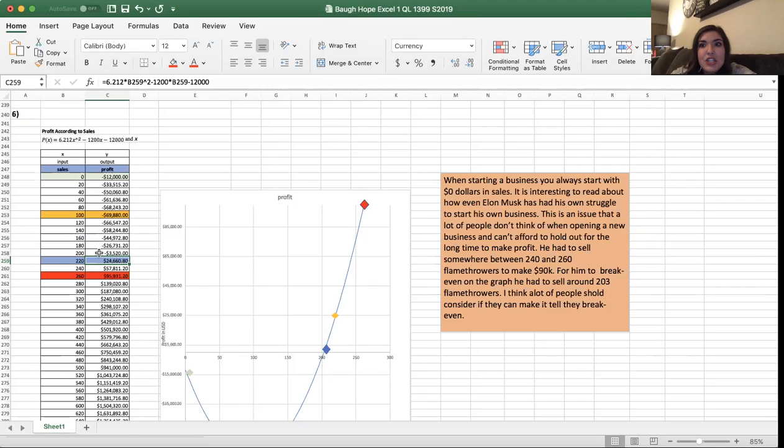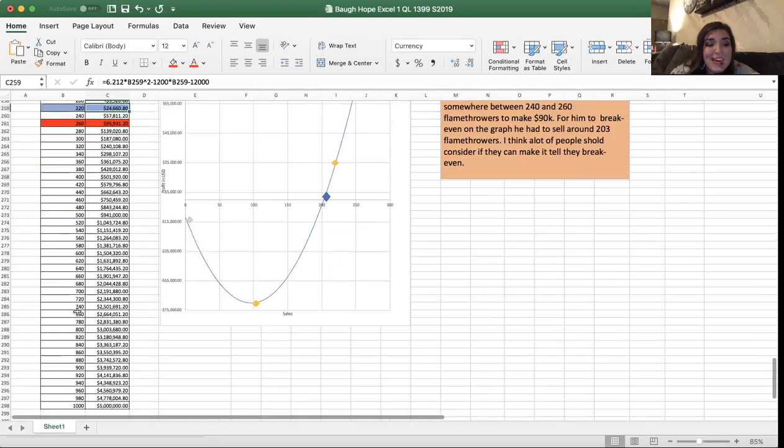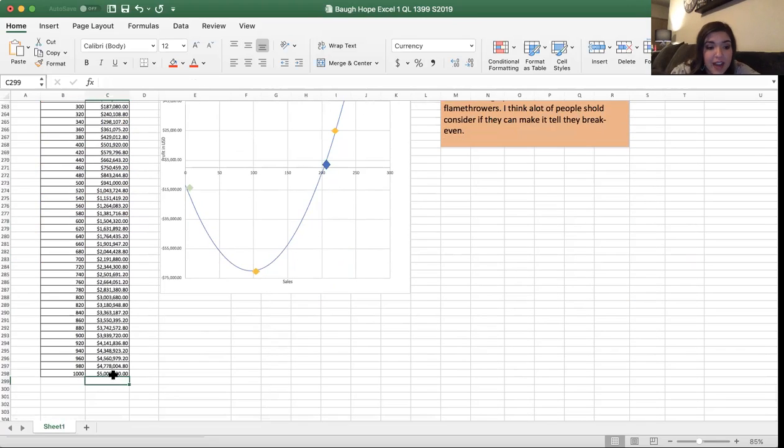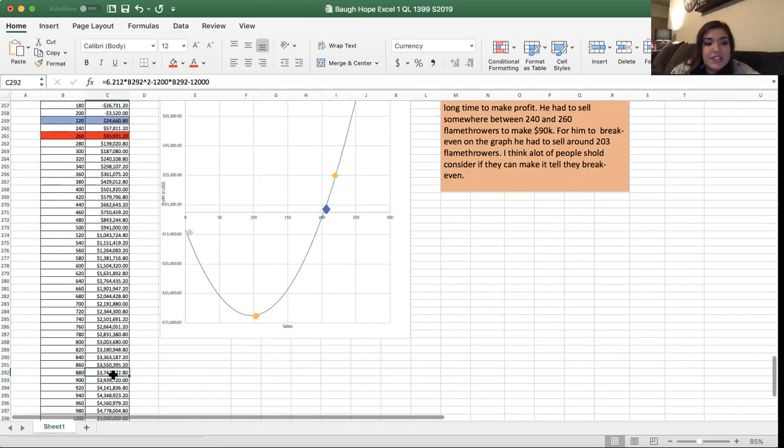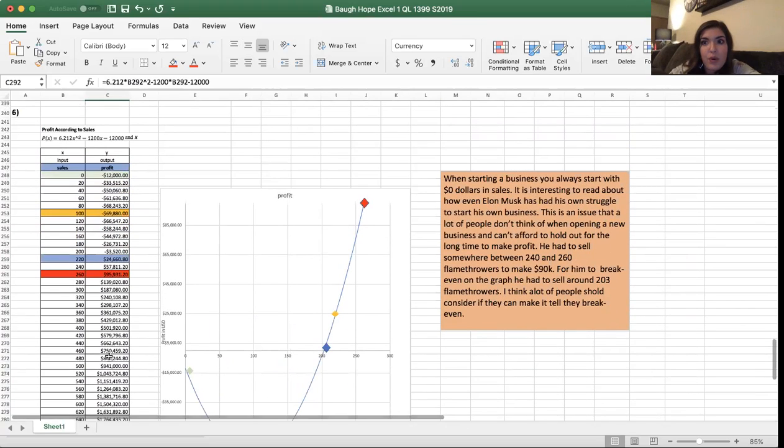But then you have to start making a profit. He even made up to 5 million off of this. If you can get past the break-even point and start making money, that's good, but before then is when a lot of businesses cave because they just don't have the money to do it.